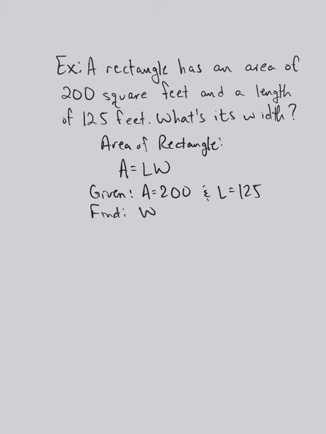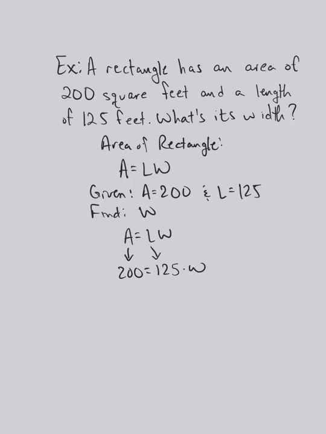We're trying to find W. This problem ends up being a little simpler than the last one, but the importance of this example is that what formula you use depends on what kind of shape you're talking about and what kind of measurement you're talking about. Now we fill in 200 for A, and then we fill in 125 for L, and then times W.